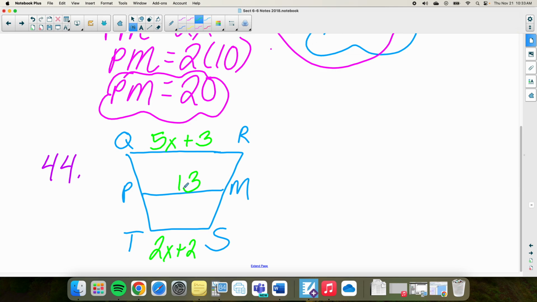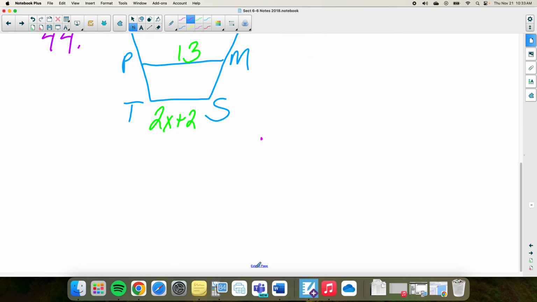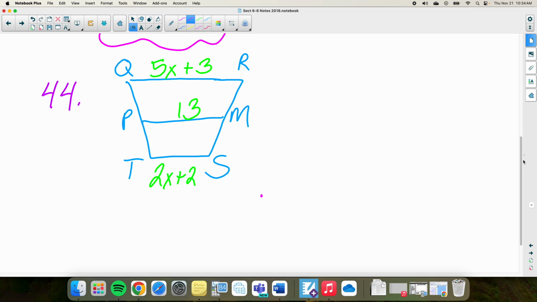Okay, so now what I'm gonna do is try to figure out what my x is. And I'm gonna set up my equation just like I did the one on top here. I'm gonna say that my mid segment equals 1/2 times this plus this. So 5x plus 3 plus 2x plus 2.